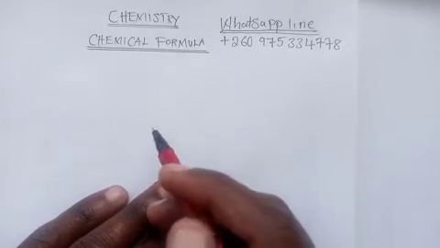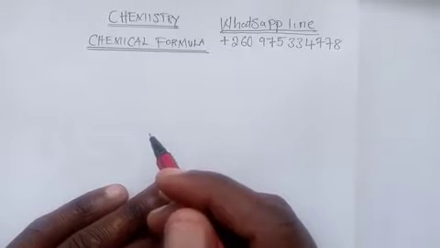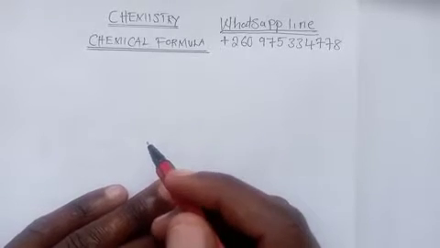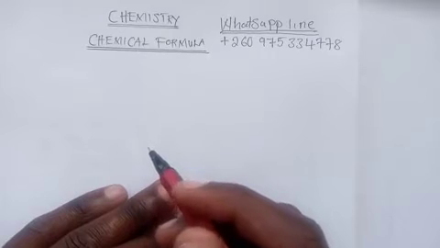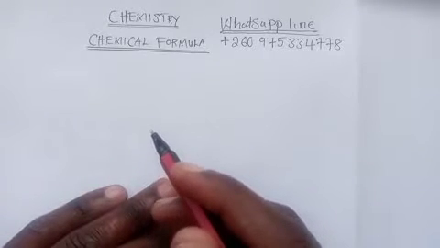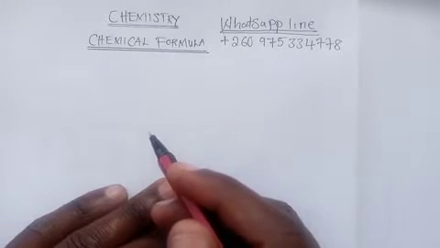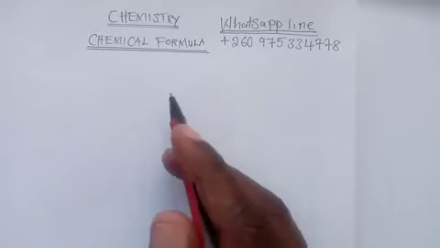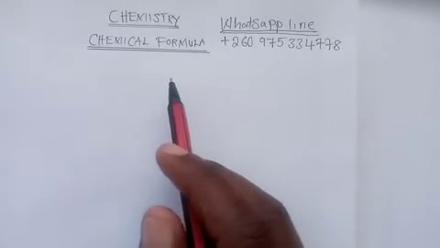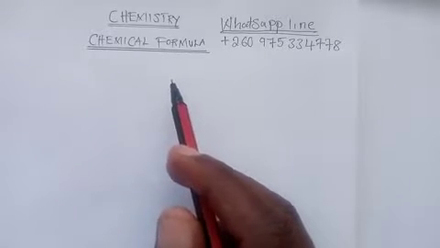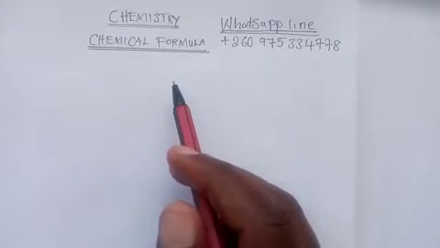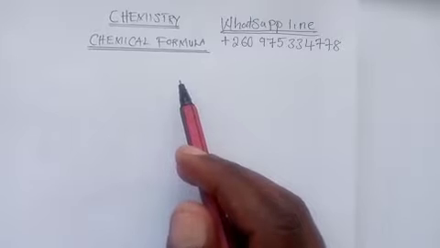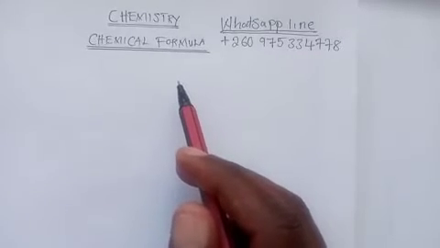So today we are going to do chemical formula. Okay, so a lot of people find this topic to be difficult simply because they leave a lot of things behind. So before you do this topic, chemical formula, you need to know what a valence number is. What comes in your mind when you hear about a valence number?